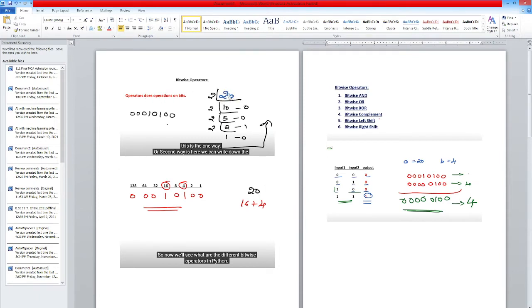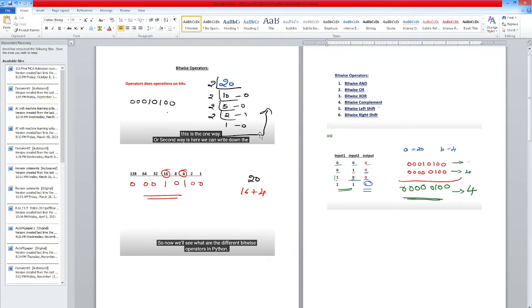Suppose 20 is a number, we have to divide by 2. 20 divided by 2 is 10, remainder 0. 10 divided by 2 is 5, remainder 0. 5 divided by 2 is 2, remainder 1. Reading the remainders in reverse, we get the binary number 10100.